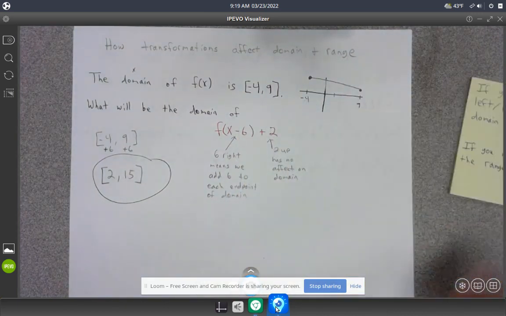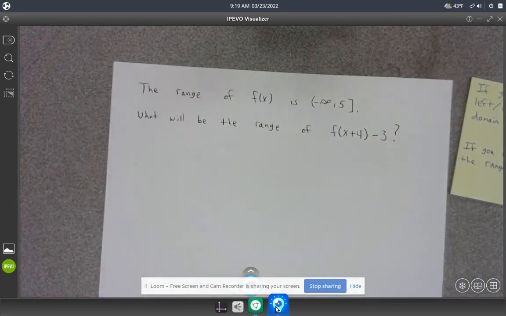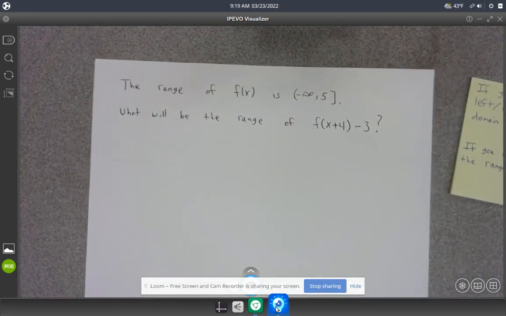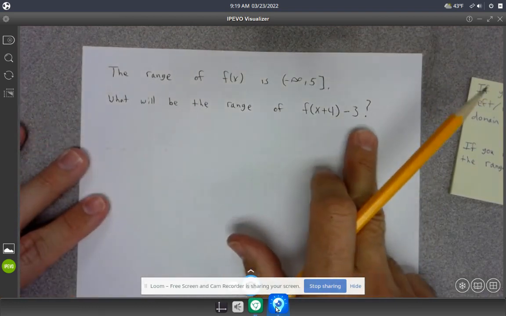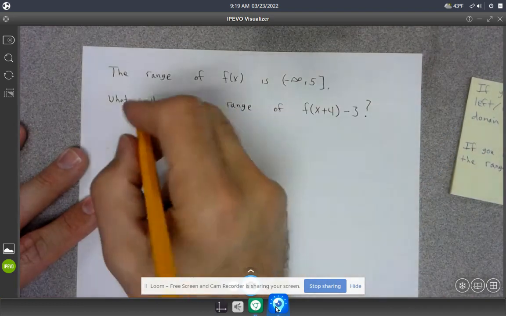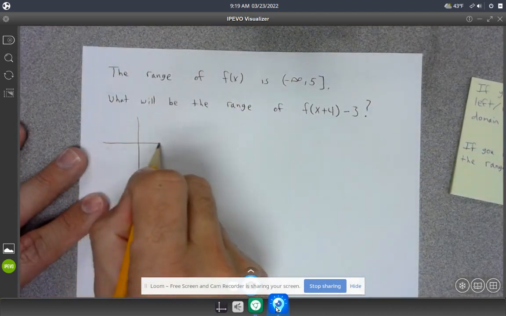Okay. Let's go ahead and we'll do one with the range. The range of f of x is -infinity to 5. What will be the range of this? Now, you don't have to draw a picture, but I know how to draw pictures, so I like doing this.